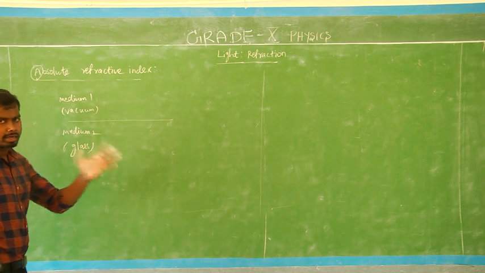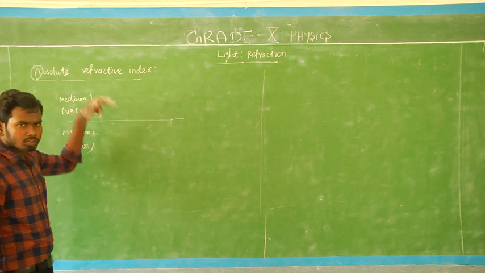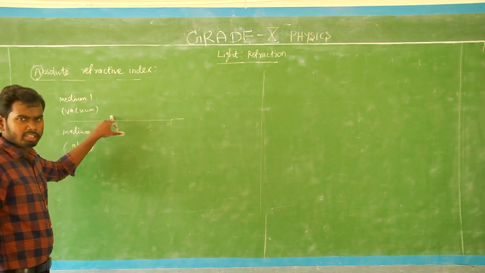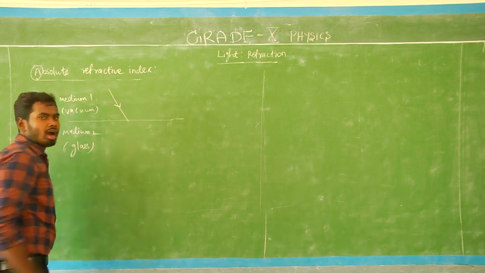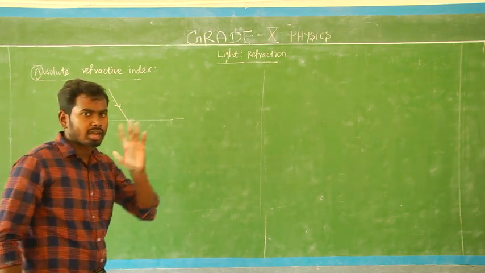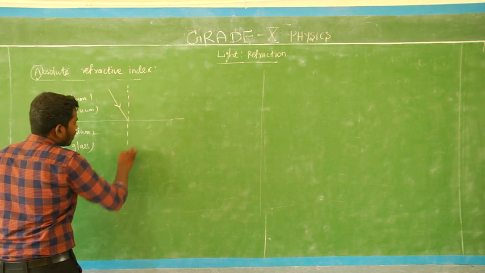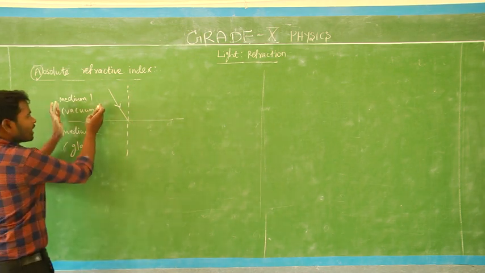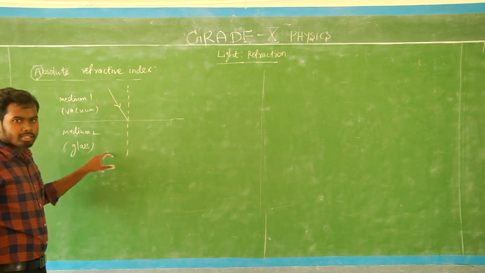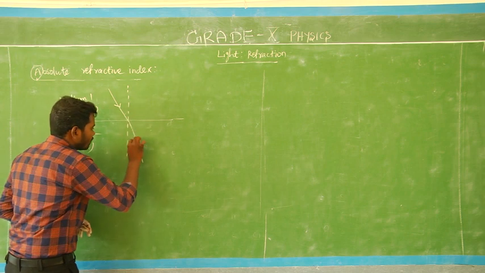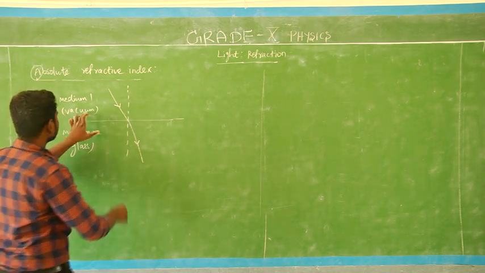One light ray goes from medium 1, which means air, and falls obliquely on the surface of the second medium, which means glass. This is the point of incidence. Draw a normal at this point. This is the optically rarer medium, and this is the optically denser medium. When light goes from rarer to denser, it moves towards the normal like this.